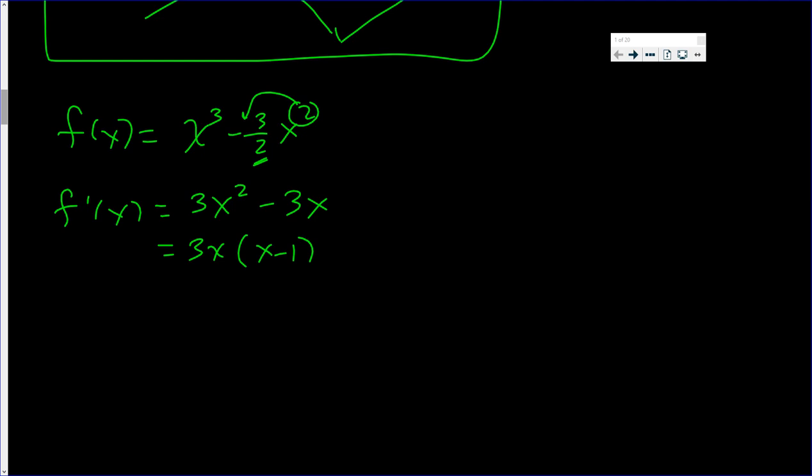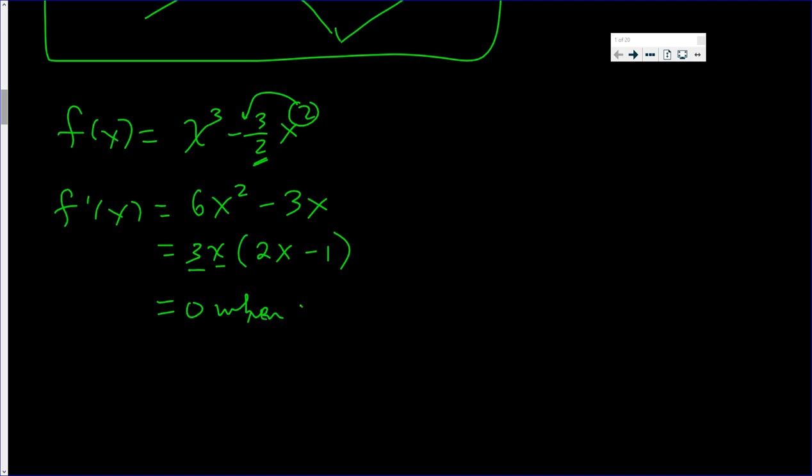Let's change it a little bit. How about I just make this 6x? So we can still factor out the 3x, and then we're left with 2x minus 1. Okay, well, this equals 0 when the first factor is 0, which is never.